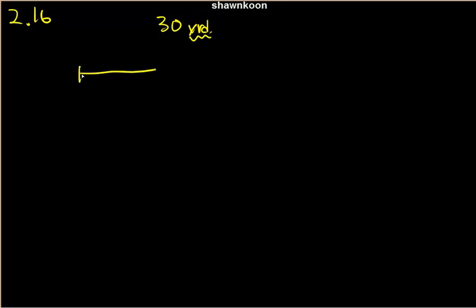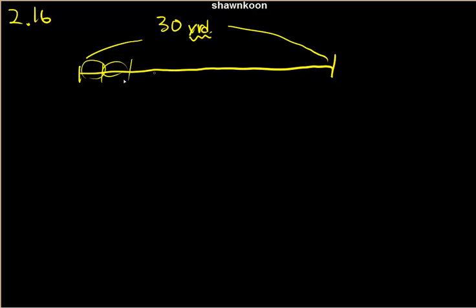So I'll just draw a bar, and let's say this was 30 yards. And what did they say? They said they cut off these two chunks. I don't know how long it is, but I'll just mark 2 chunks. And after that, they also cut 4 more chunks.